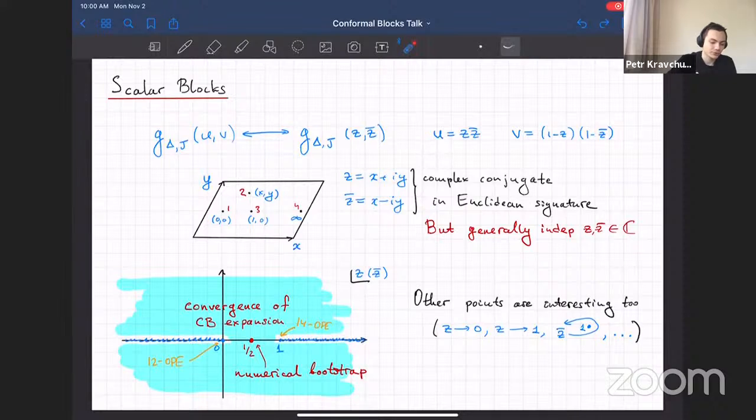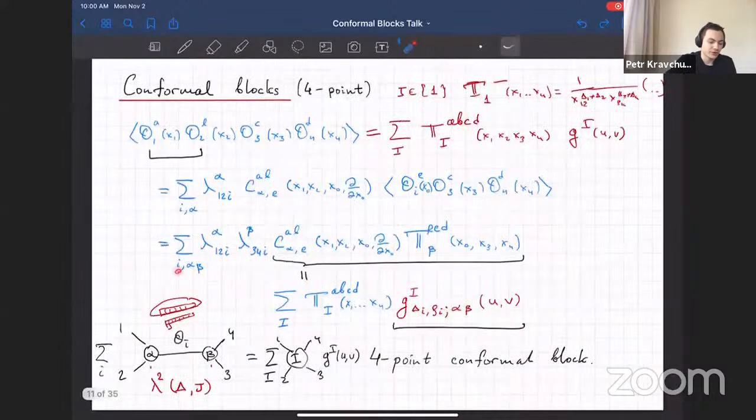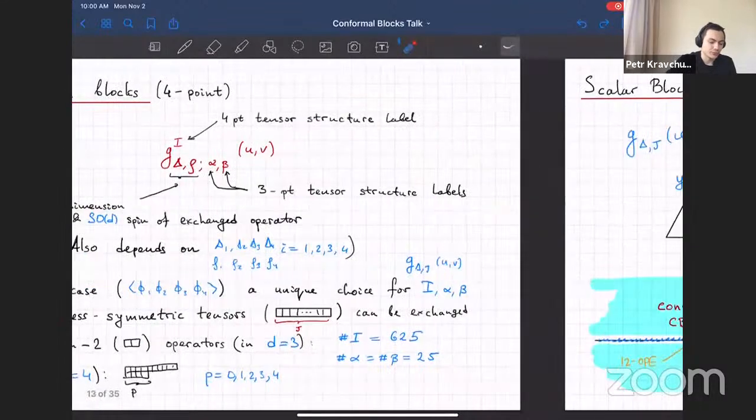The most interesting region in the complex plane is away from these cuts. You can, of course, ask what happens when you go under the cut, but it's not as interesting as the region without going under the cuts, because this is the region in which the conformal block expansion, the sum over I on this slide, converges.